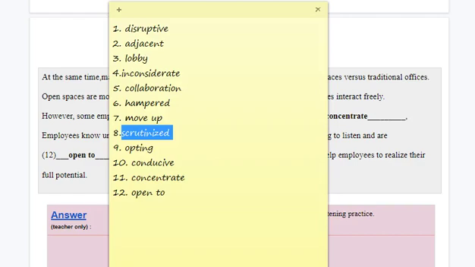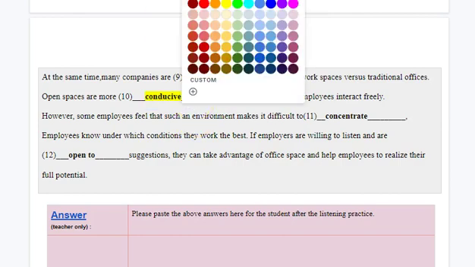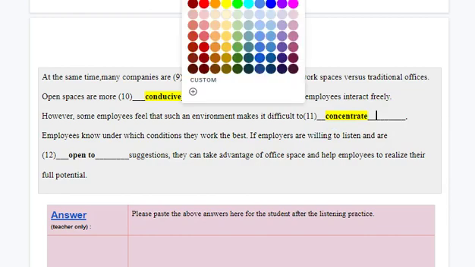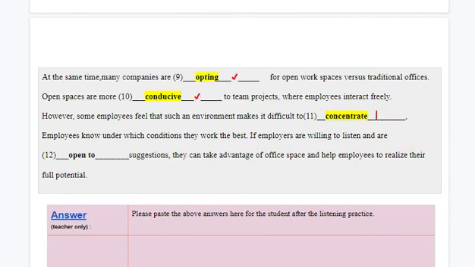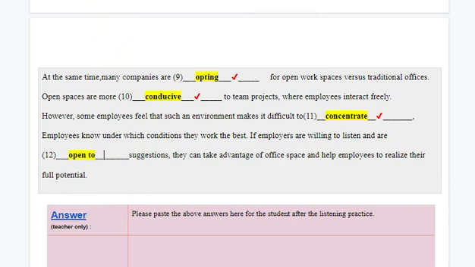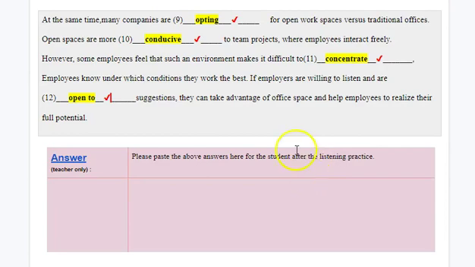However, some employees feel that such an environment makes it difficult to concentrate. Employees know under which conditions they work the best. If employers are willing to listen and are open to suggestions, they can take advantage of office space and help employees to realize their full potential.